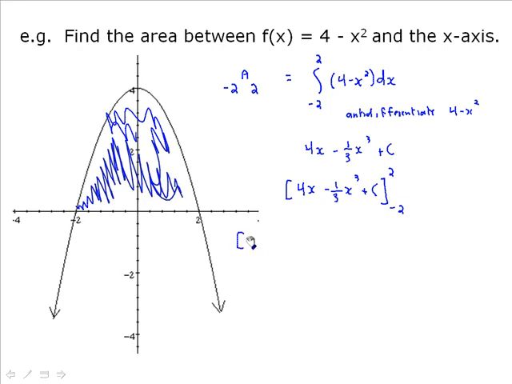So this is going to be 4 times 2 minus 1/3 times 2 cubed plus c. There's our upper limit substitution, minus 4 times negative 2 minus 1 over 3 times negative 2 cubed plus c.